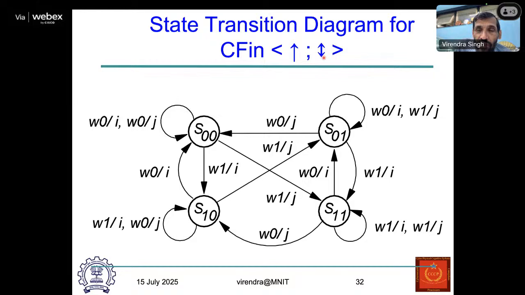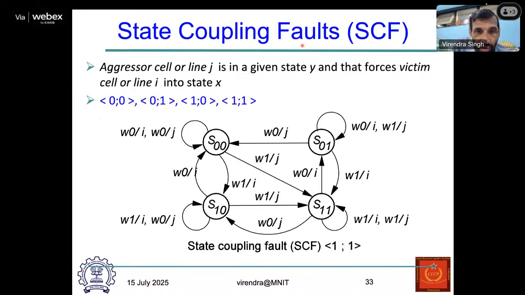Now in place of this flip, we give 0 or 1: what would be the outcome, or what would be the impact on the ith cell. So first is what activity happens on the jth cell and how it impacts the ith cell. Keep in mind, the ith cell is a victim cell, and the jth cell is an aggressor cell, which changes the value in the ith cell.